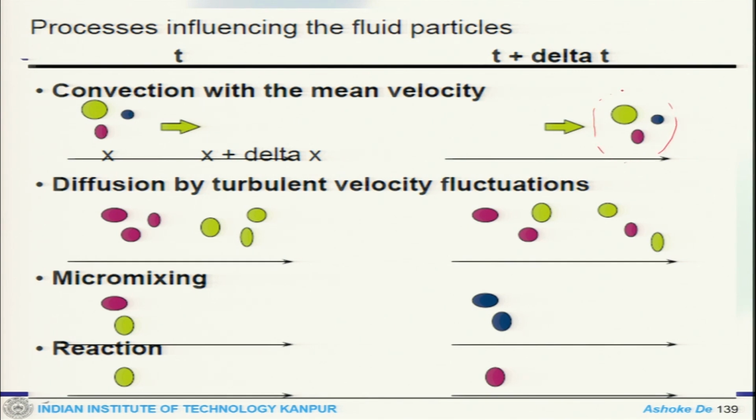You can think about your fluid particles as always being convected downstream. Secondly, there could be diffusion by turbulent velocity fluctuation. That means let us say particles are here, and they go to x plus dx, and because of this diffusion they come here.